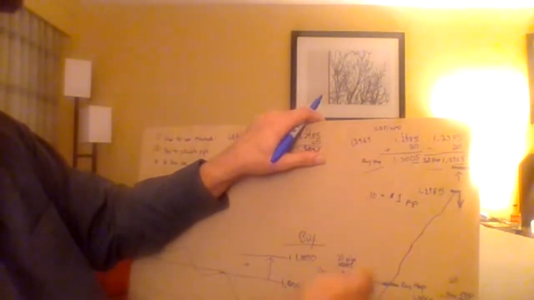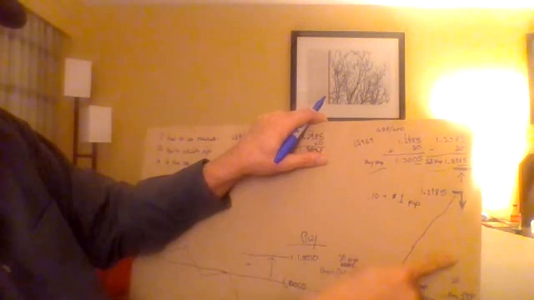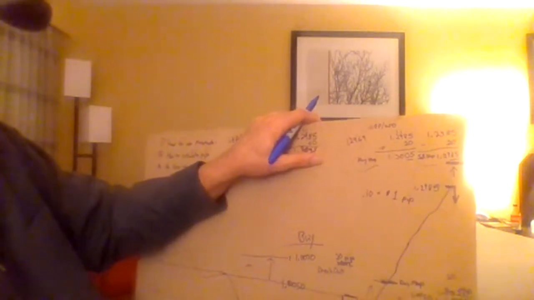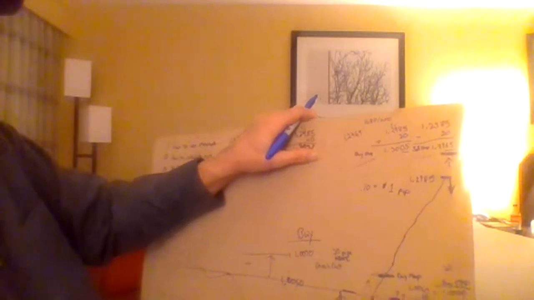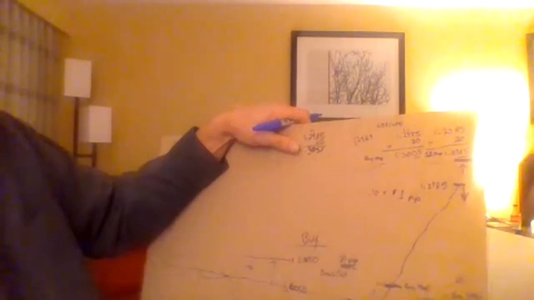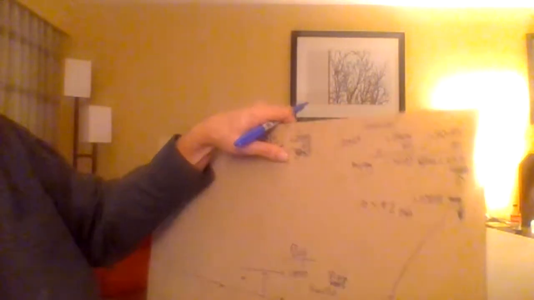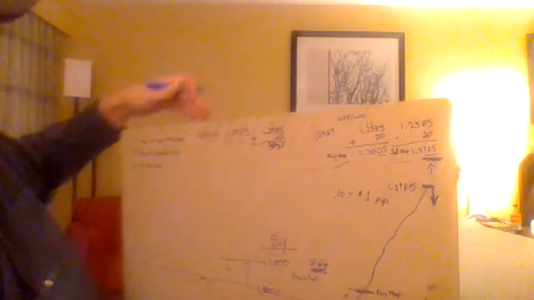I'm risking 40 to make 100 if I set my take profit at 100 pips. That's how your stop losses work. That's how your take profits work.